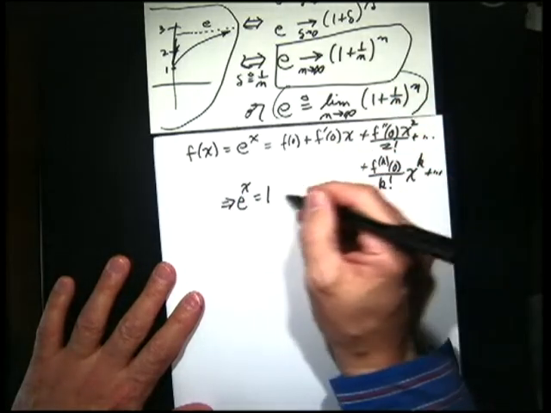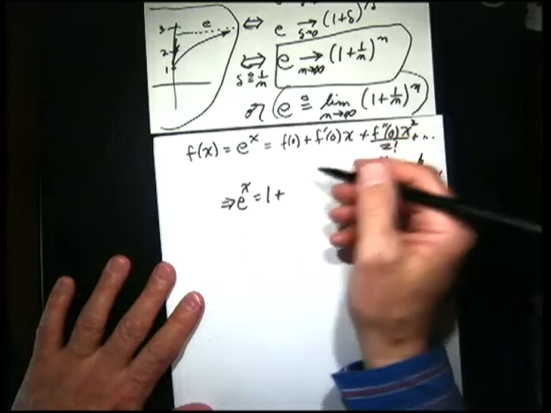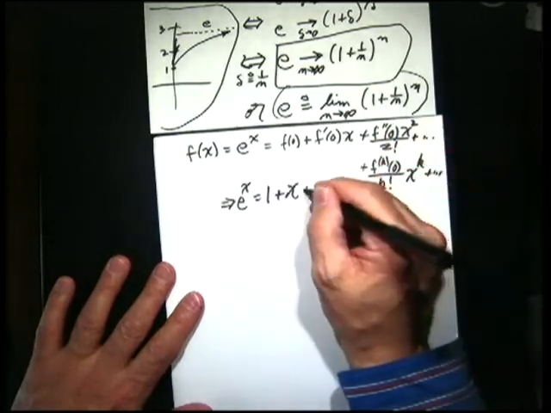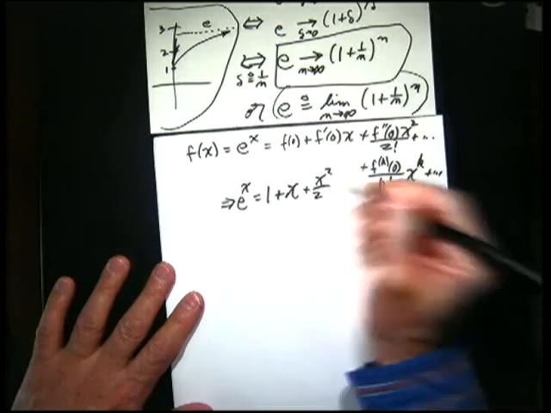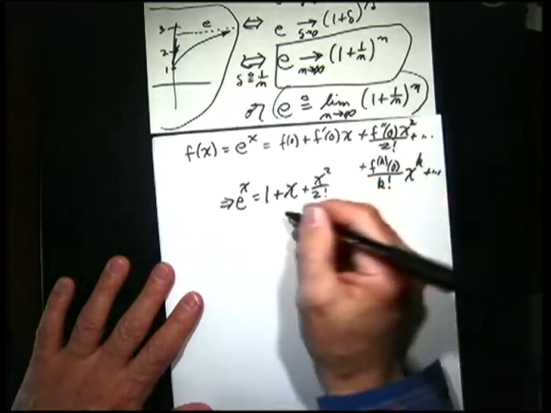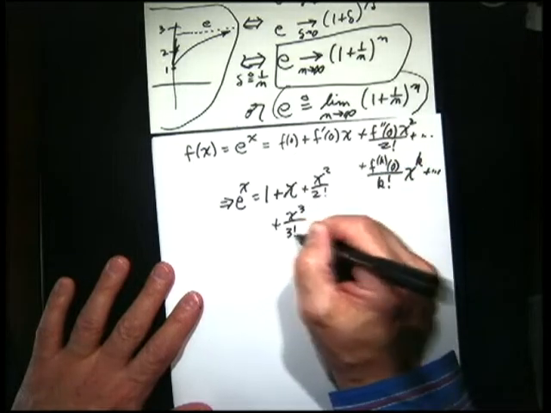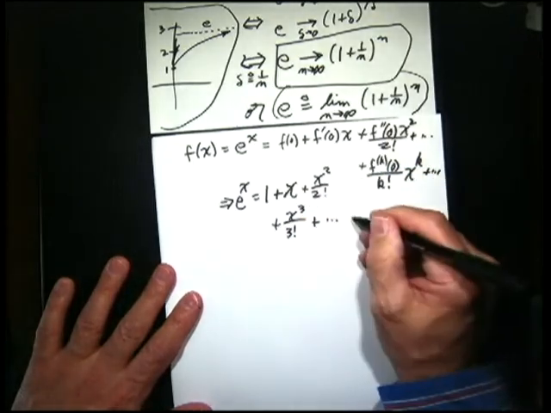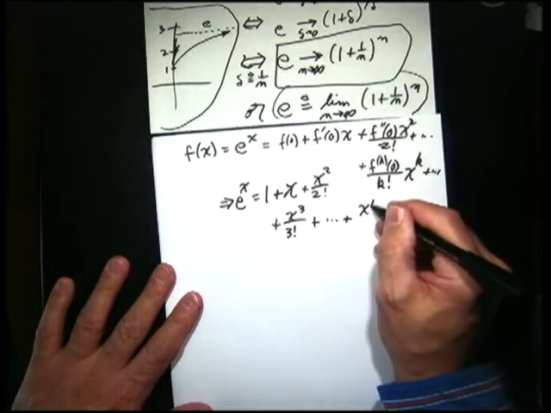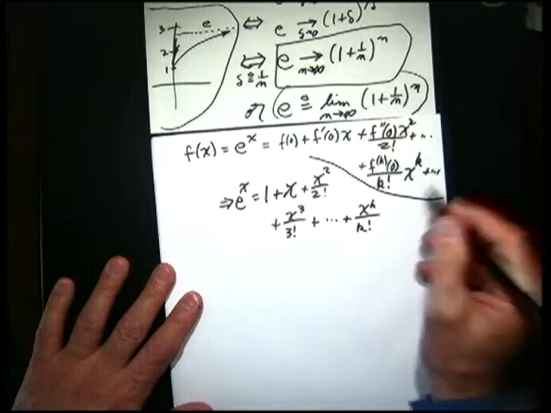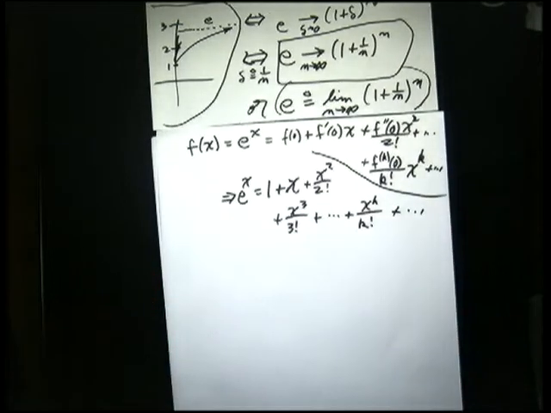It's 1, plus e to the x at 0 again, which is 1, so 1 + x + x²/2!, to be formally nice, then x³/3! + ..., the general term being x^k/k!. Let's put a dividing line here. So that's it. That is the simplest series expansion.